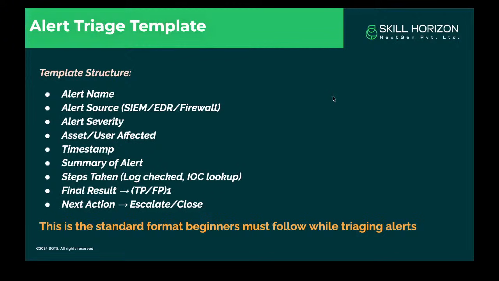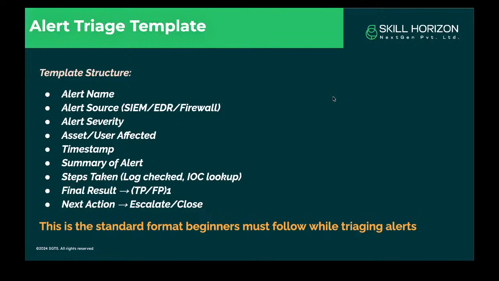Then the severity according to the L1, like high, medium, low, informational, or critical. We talked about severities a few days back, so you can check. Of course, you are familiar with severity if you are watching my previous work.